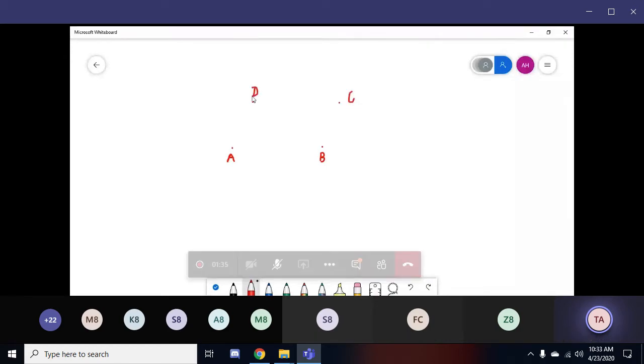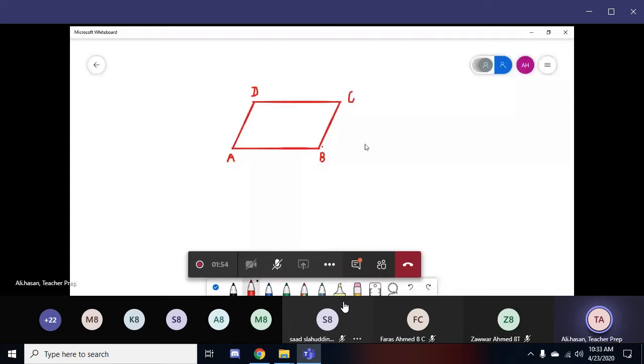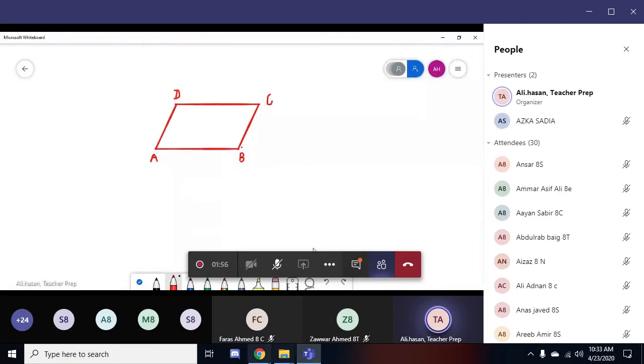Okay, Farooq, this is purely for you and your friends who are not feeling comfortable while drawing it. What do you have to do? Start with A. Join this with B. Then B to C. Then C to D. And finally, the initial and the final points. Is this clear to you?